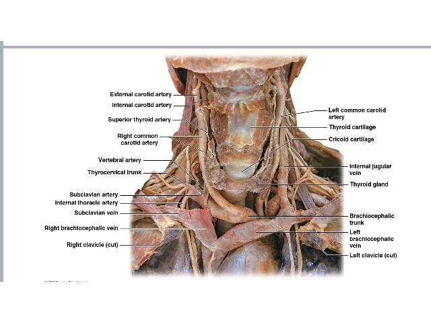So here are some pictures. Again, you can see the brachiocephalic trunk is this first part, and then that's going to separate into the internal carotid going up and the subclavian going over to the arm.